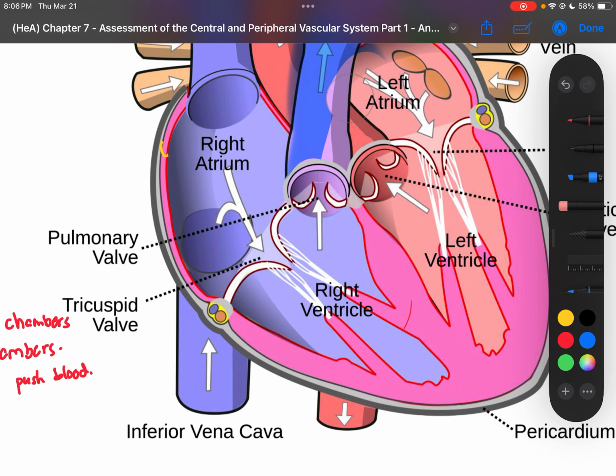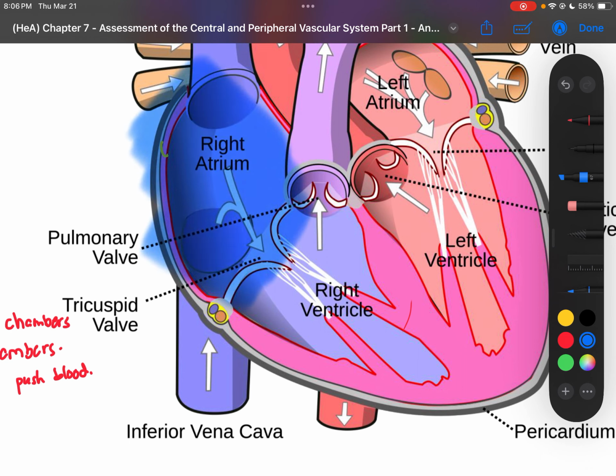Now, for diastole, class, it is the opposite. Assume that the blood is in your right atrium. When the ventricles relax, what happens is this valve will open, and it will stay open.